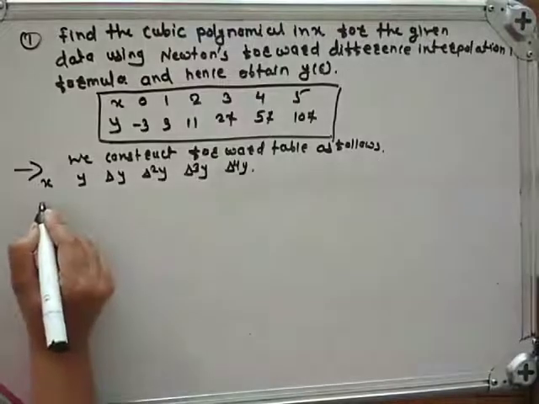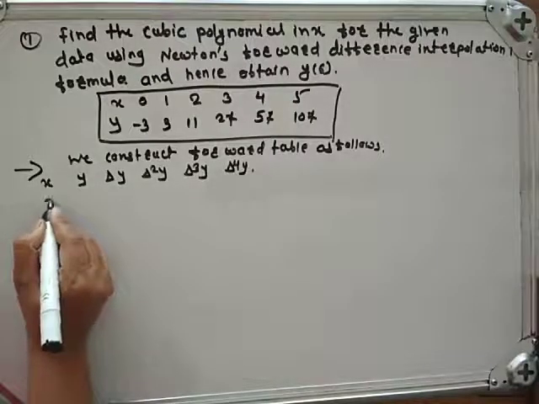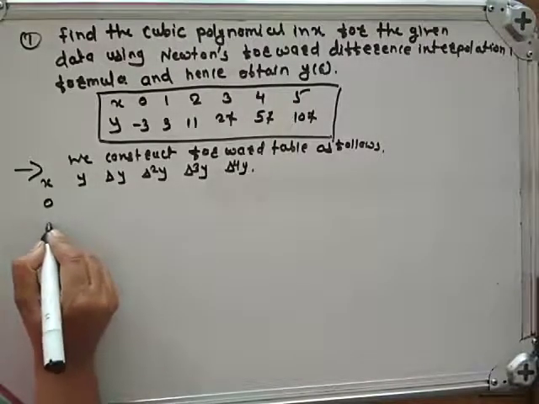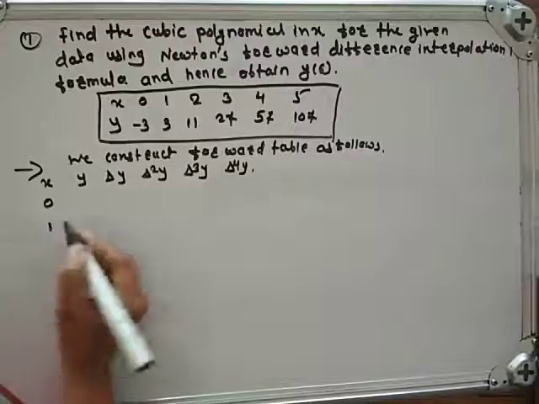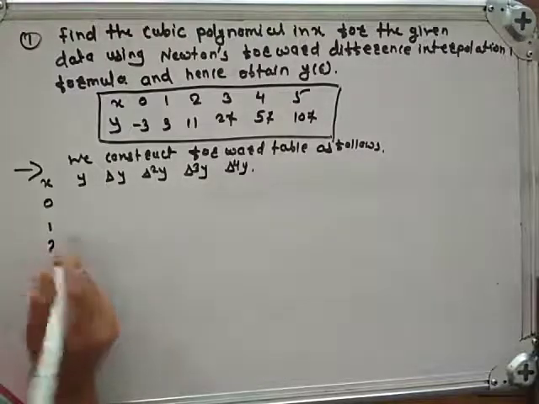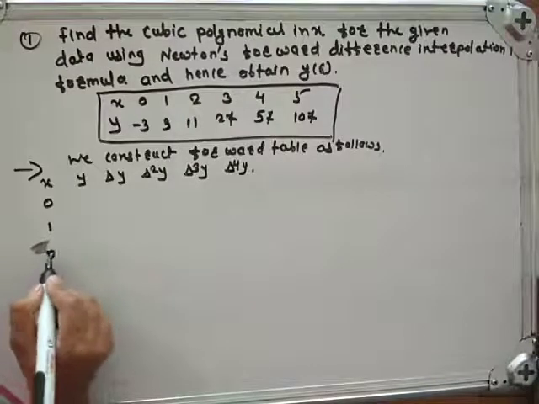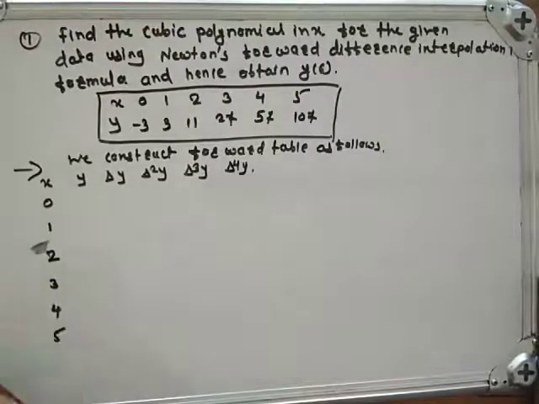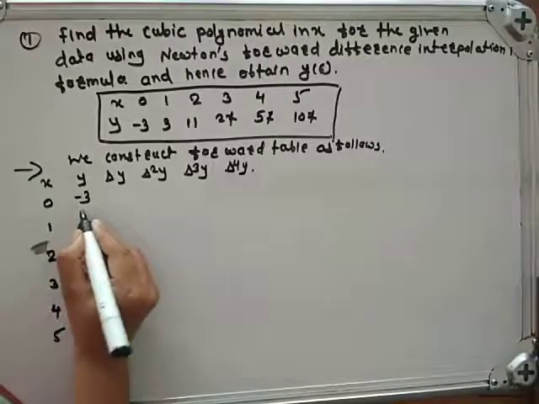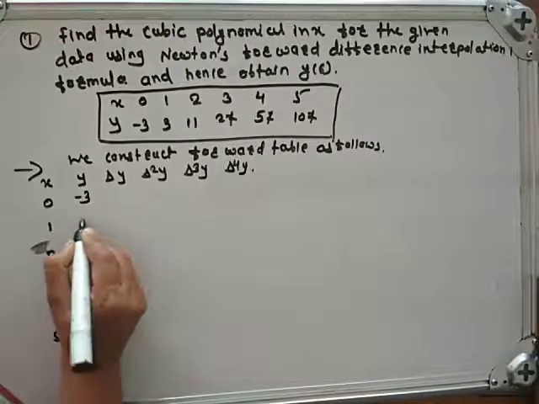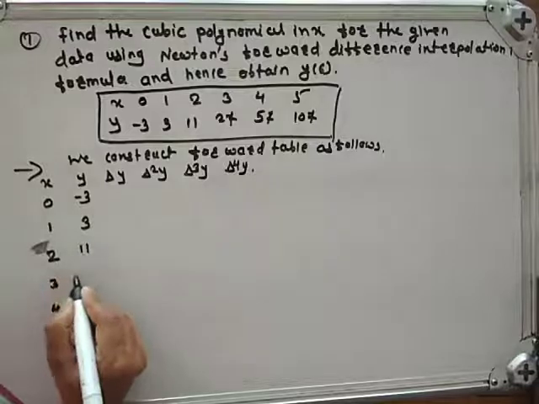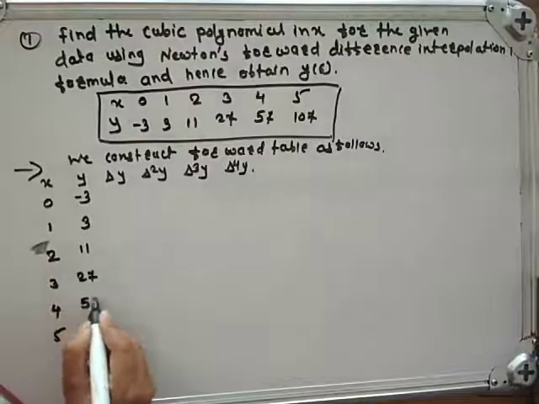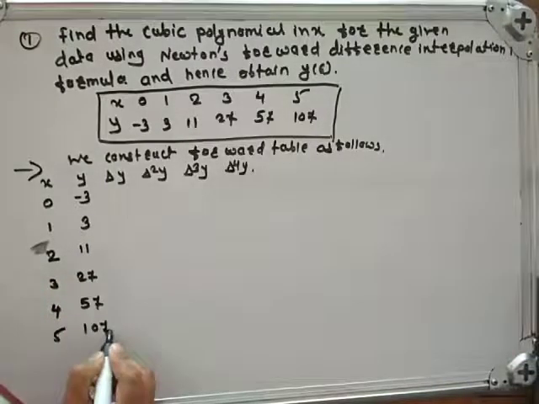We have been given x as 0, 1, 2, 3, 4 and 5. Corresponding values are minus 3, 3, 11, 27, 57, 107.